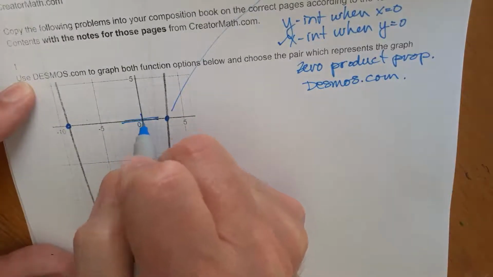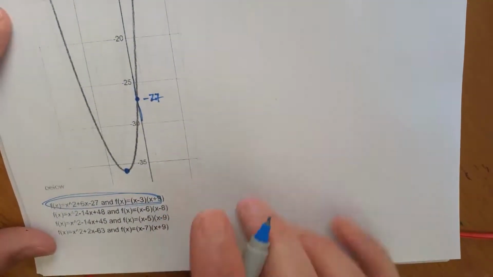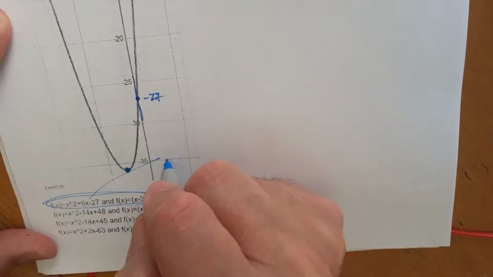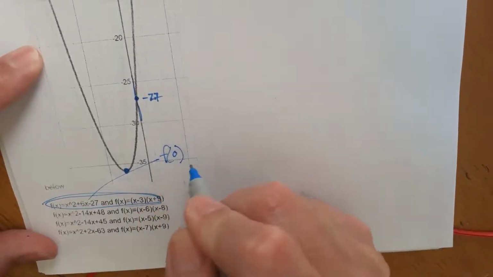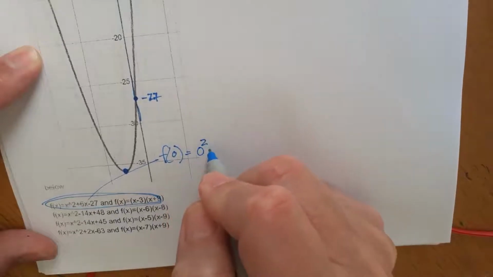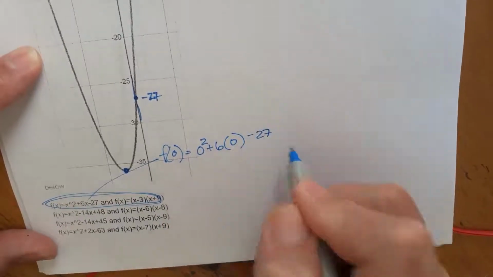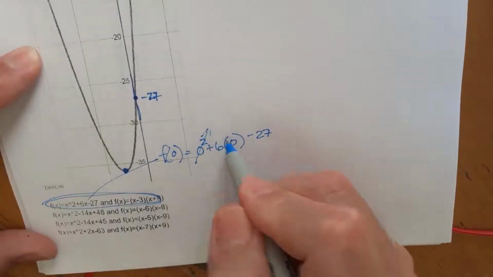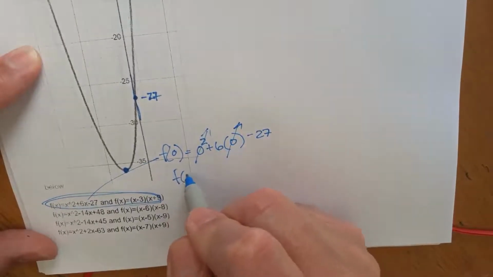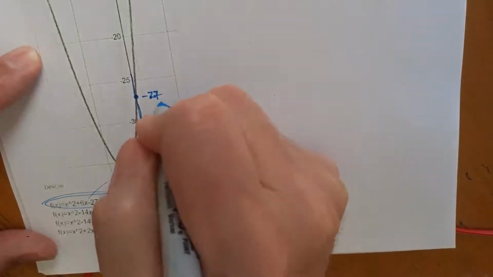So x must equal 0 at this point here. So just imagine taking this function, and we say f of 0, we put in 0 for x, which is 0 squared, right, plus 6 times 0 minus 27. What do we get for this? This is 0. This is 0. We get f of 0 equals minus 27. That defines for us this location right here.